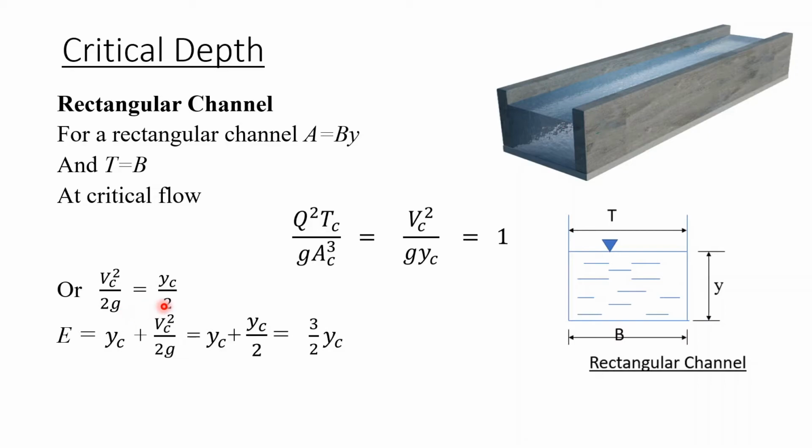So we can see here V square by 2G will be equal to Yc by 2, and specific energy is Y plus V square by 2G. So putting all the values for critical flow, we get E equals Yc plus Vc square by 2G, which is equal to Yc plus Yc by 2, which becomes 3 by 2 into Yc.